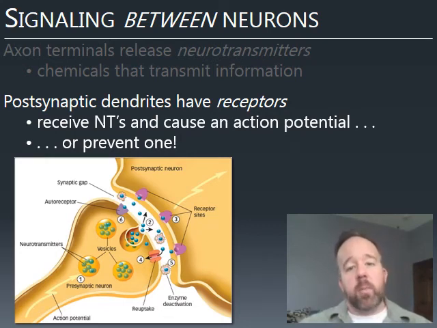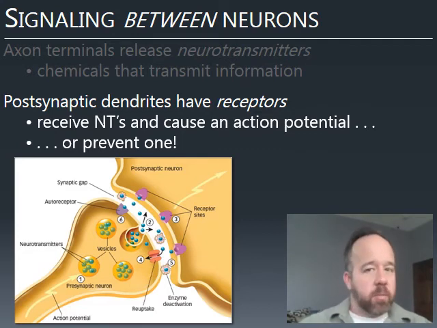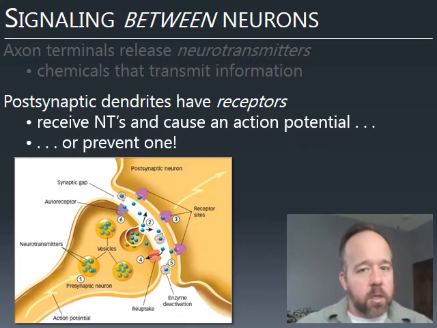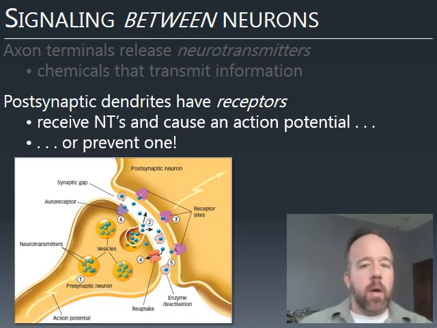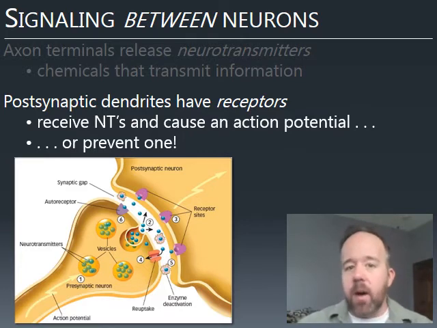So the postsynaptic neuron collects all the information together, adds sort of the no votes and the yes votes, the inhibitory and excitatory signals it's getting, and then itself either fires an action potential or not. So it has to add all that information together in the cell body. This chemical transmission isn't always telling the next neuron to fire. Sometimes it's telling it not to fire an action potential.